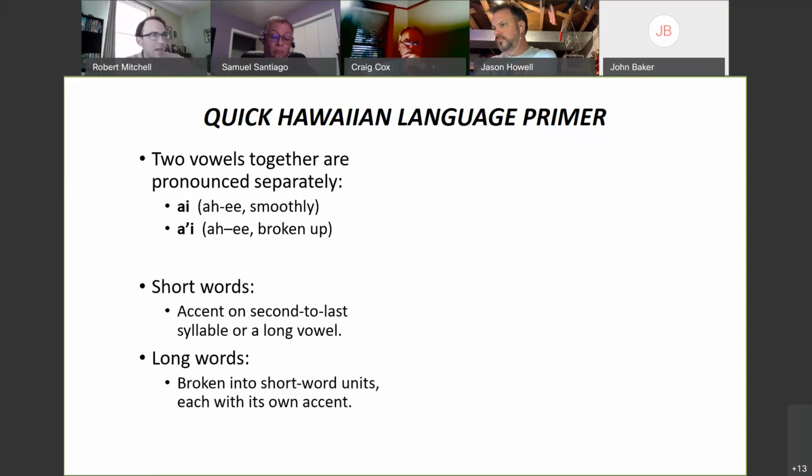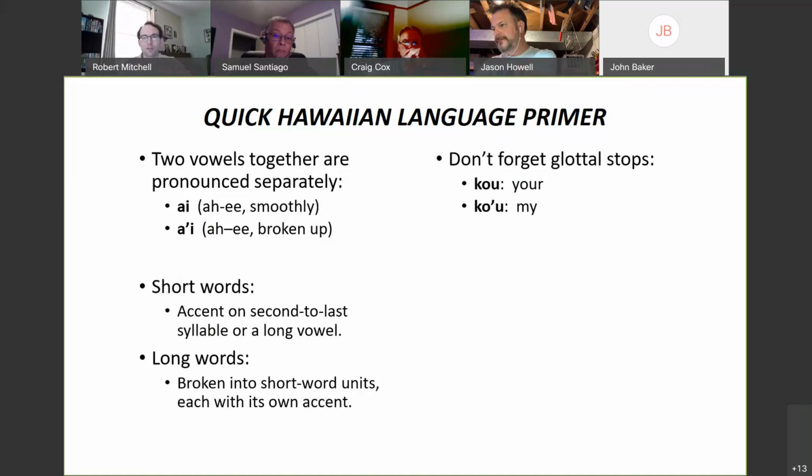But yes, and say one thing, you cannot forget the glottal stop in your word because that will also change the meaning. In fact, look, kou means your, but just one little glottal stop changes that to my. And as for not confusing long and short vowels, the Hawaiian word spelled K-A-N-E with A as a long vowel, that means male.